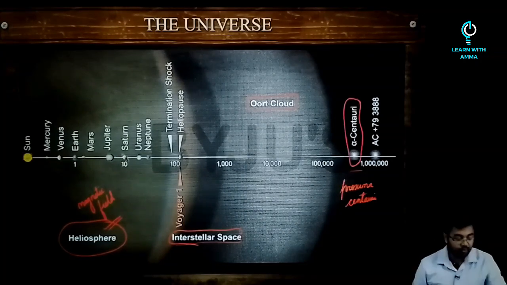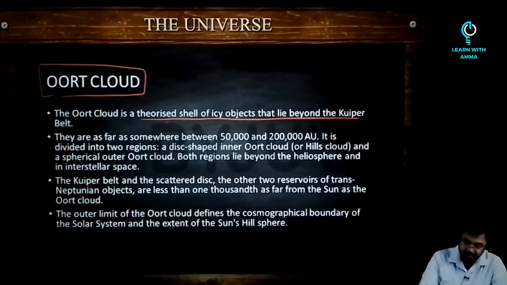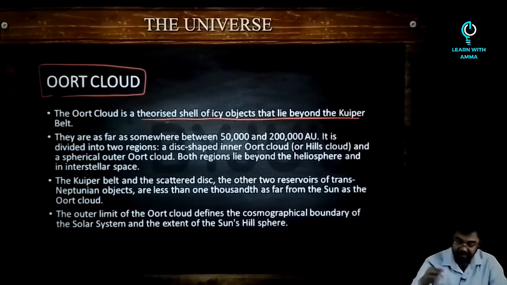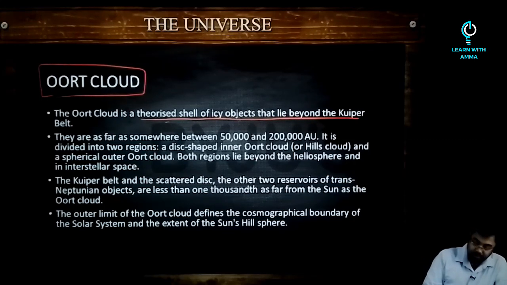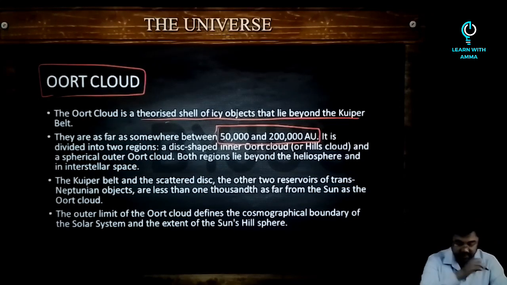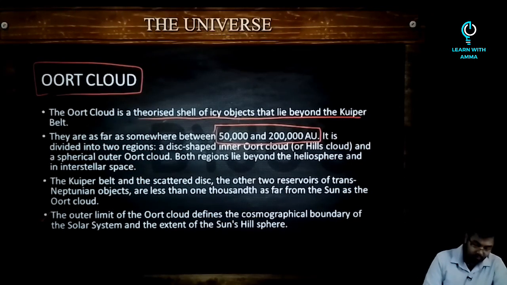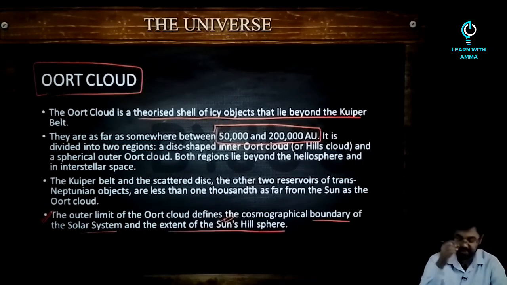So the Oort cloud is a theorized shell of icy objects that lie beyond the Kuiper belt, supposed to be somewhere between 50,000 and 2 lakh astronomical units. And finally, the outer limit of the Oort cloud, as we talked about, defines the boundary of the solar system and the extent of the sun's heliosphere.